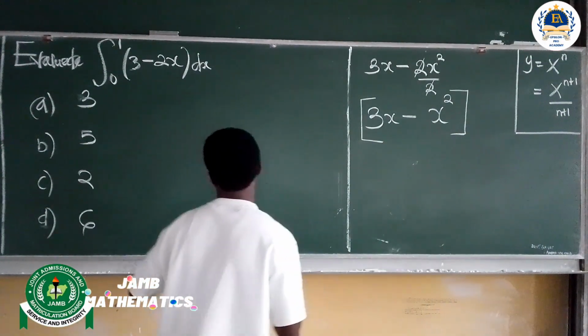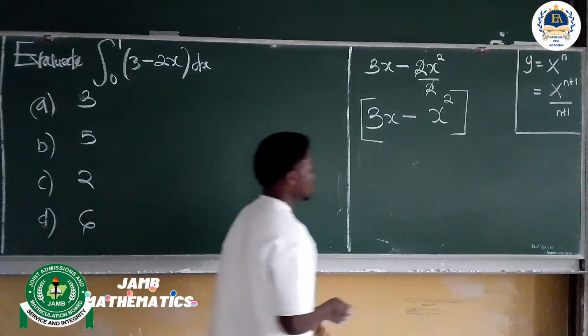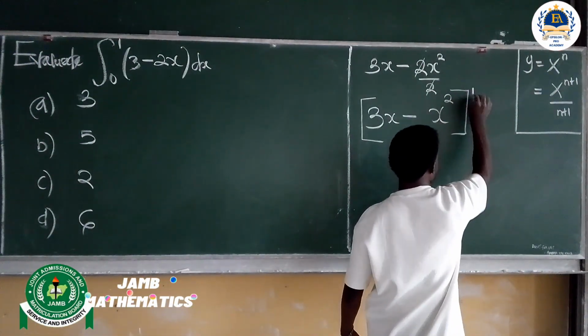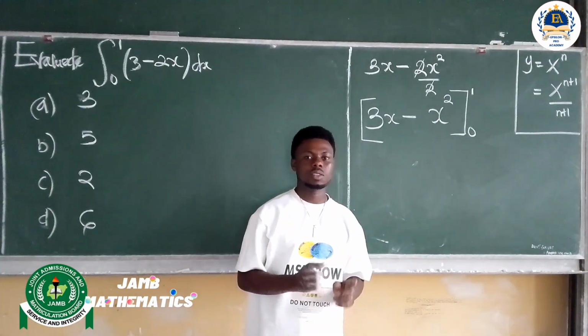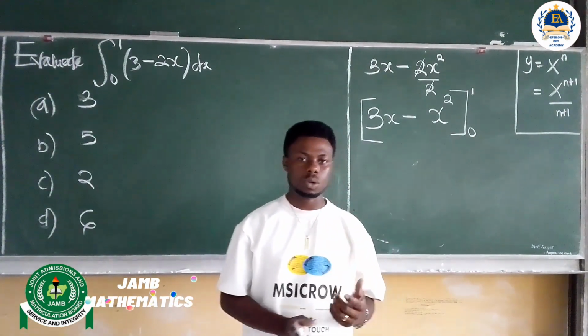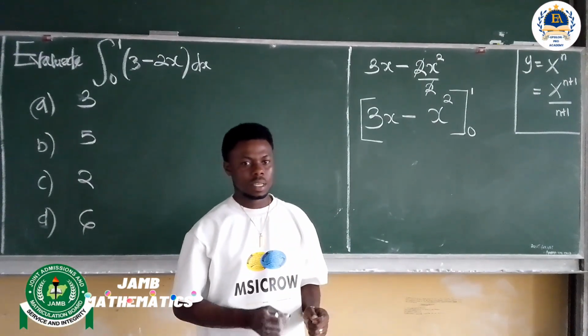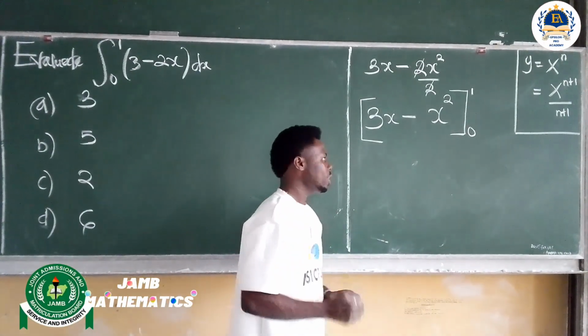Since the upper limit is 1 and the lower limit is 0, it is going to be applied here. Next thing is to provide two brackets, where the first bracket represents the substitution of the upper limit and the second bracket represents the substitution of the lower limit.